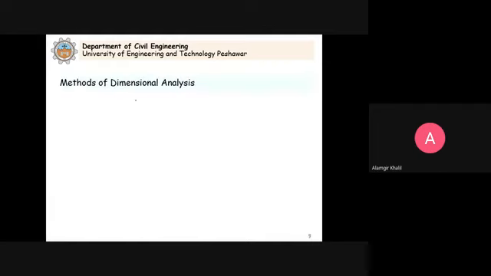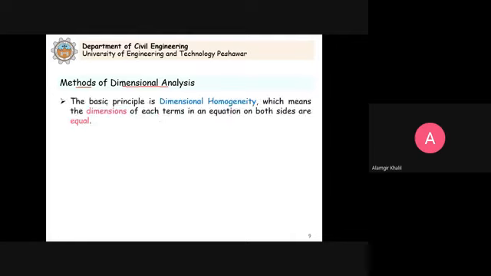So what are the methods of dimensional analysis? There are different methods of dimensional analysis. As I told you, dimensional analysis is applicable in many areas of science and engineering. As per your syllabus, we will discuss two methods. Clear?